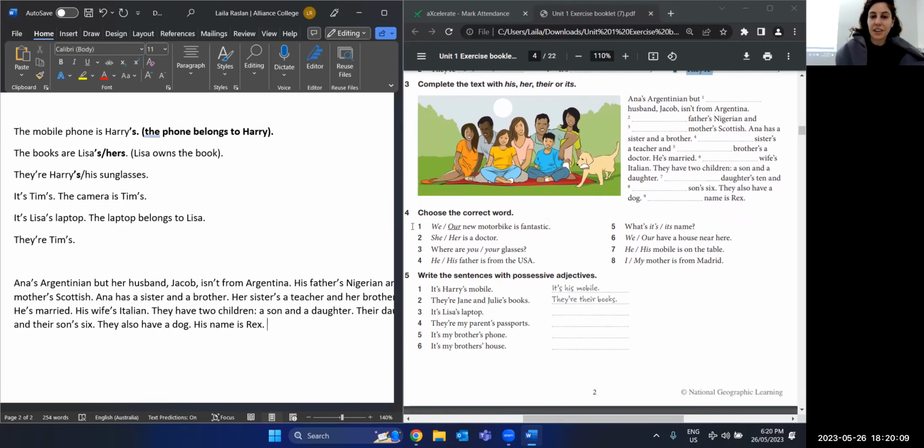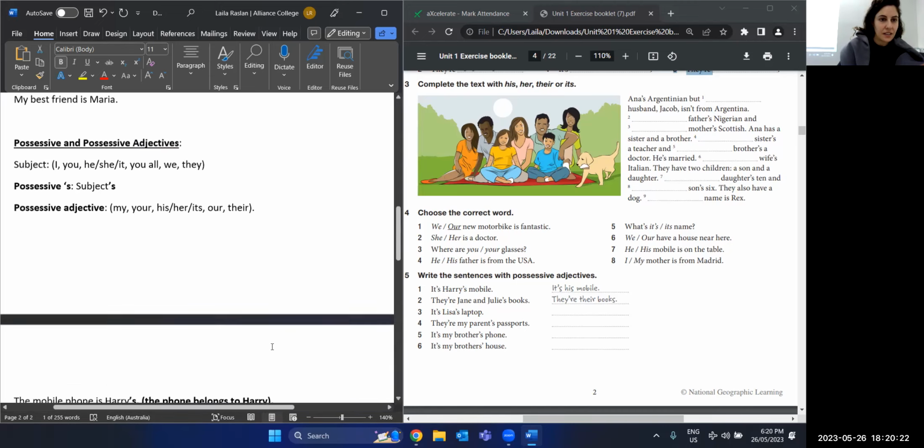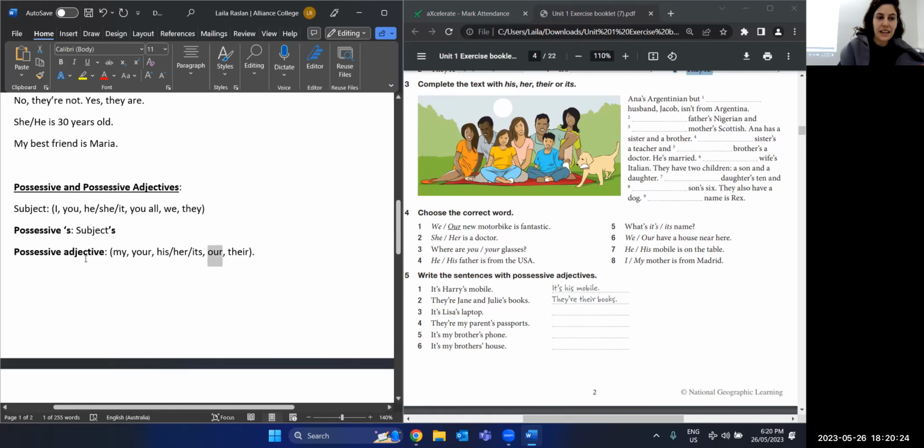Okay, choose the correct words. So number 1, our new motorbike is fantastic. I'll keep it here, our, because now we're talking about something that we own. We're not just saying the motorbike is a Harley Davidson. It's not doing the action.